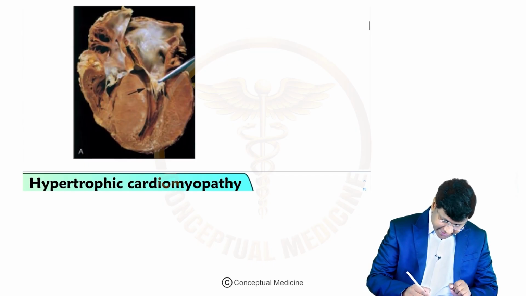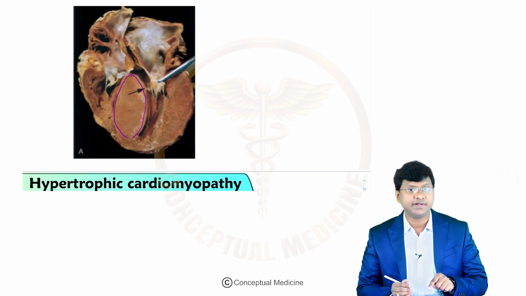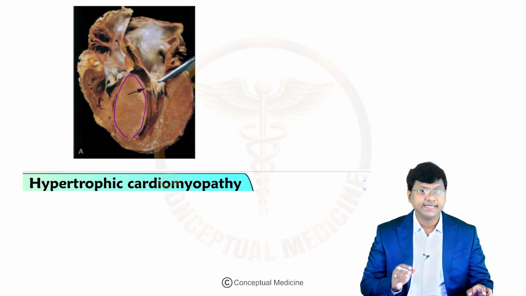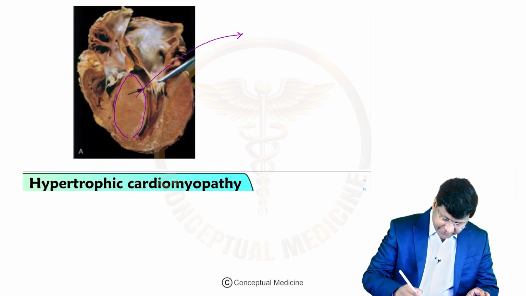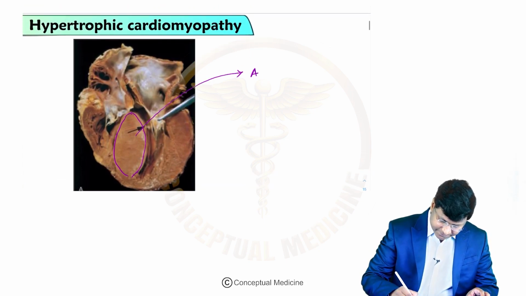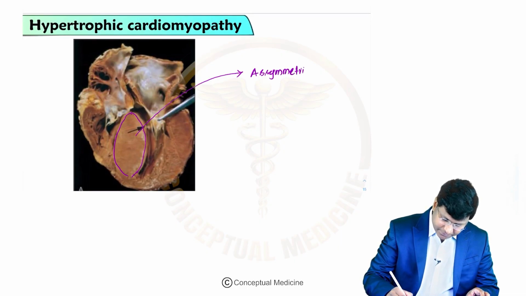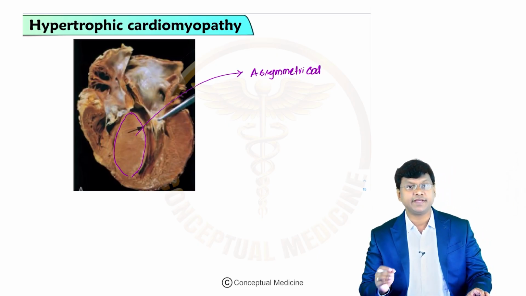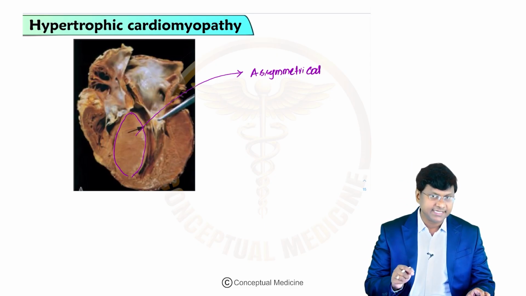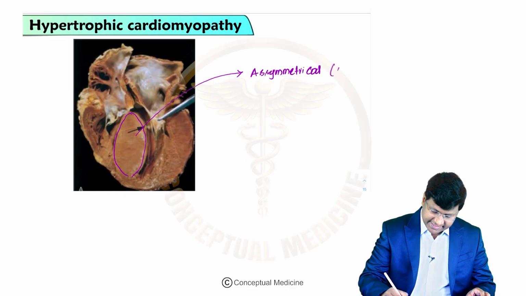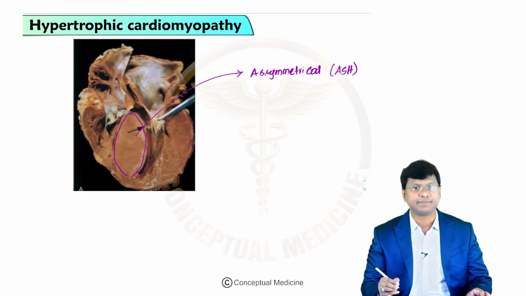You can observe here, this is the interventricular septum which has been hypertrophied, and it is not uniformly hypertrophied. So the individual will have asymmetrical hypertrophy of the interventricular septum, and that is the reason why this is also called asymmetrical septal hypertrophy.